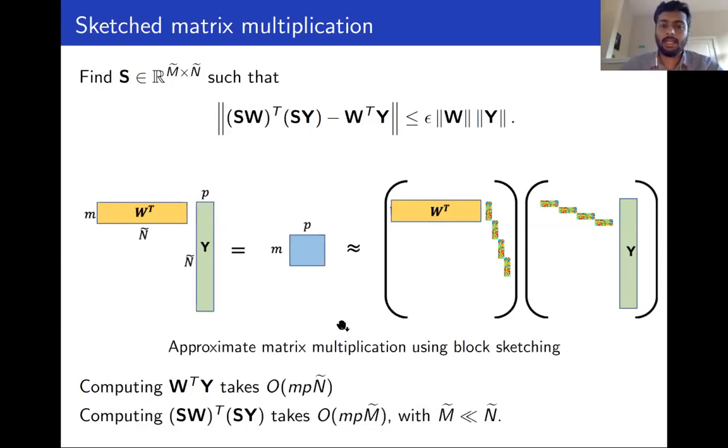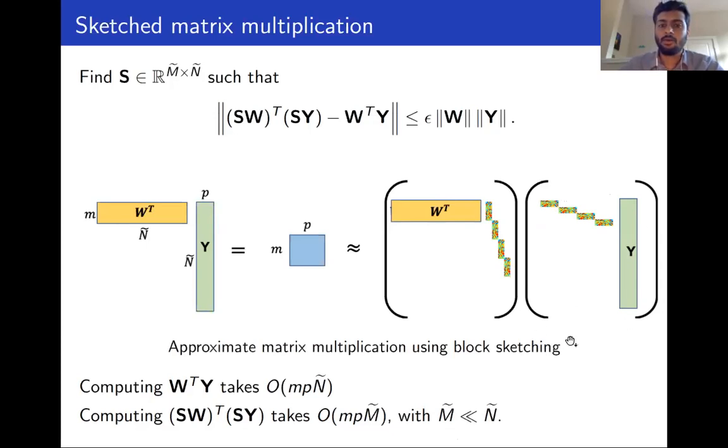So the idea then is to first hit Y and W with a compressive random matrix on the left, and take the dimensions from n tilde to m tilde, which is now much smaller. Something I'm sweeping under the rug here is how much time it takes to compute this sketch itself.